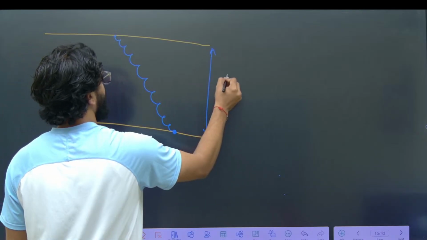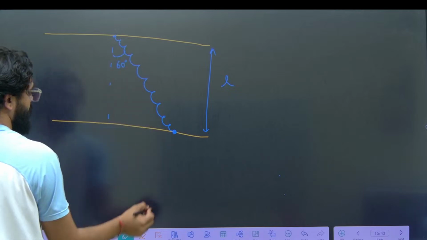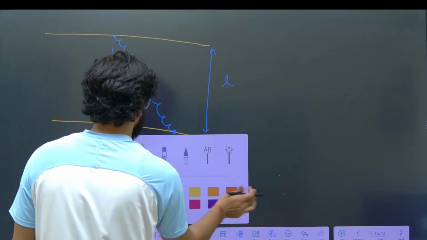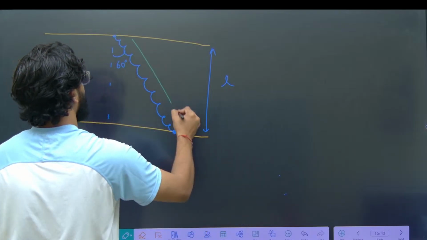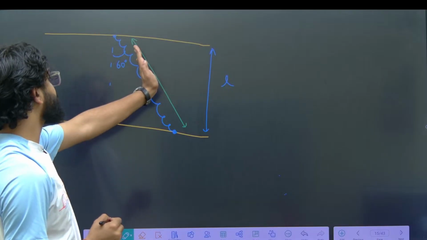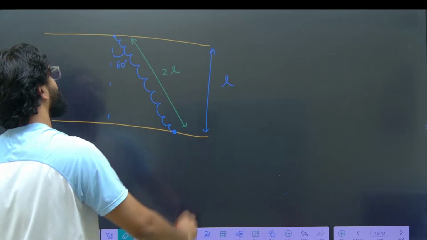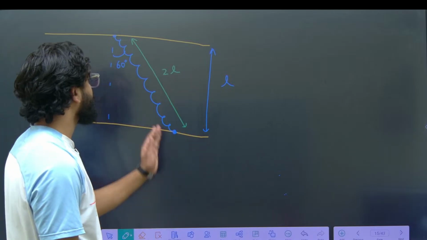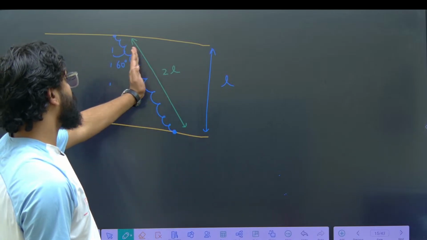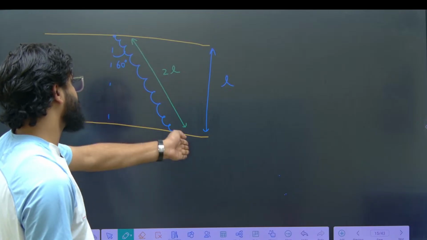This is L, this angle is 60 degree. Okay, so clearly x cos 60 is L, so x by 2 is L, so this length is 2L.